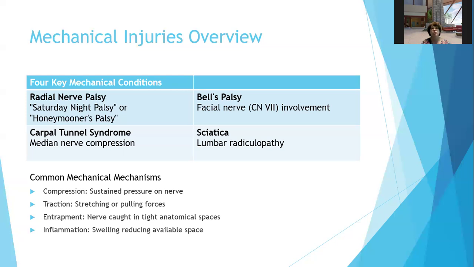And inflammation, swelling reduces the available space, and you get that mechanical pressure. So with carpal tunnel syndrome, sometimes you have some inflammation in there that is adding to the compression. And you get a breakdown of the myelin on the nerve.